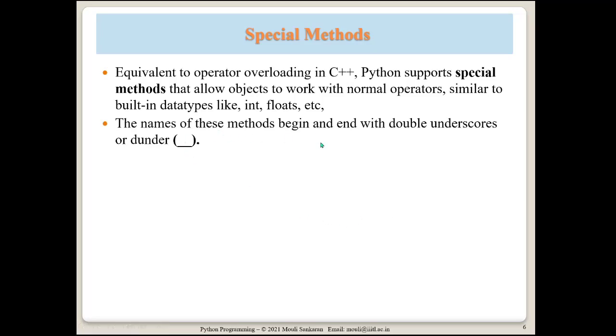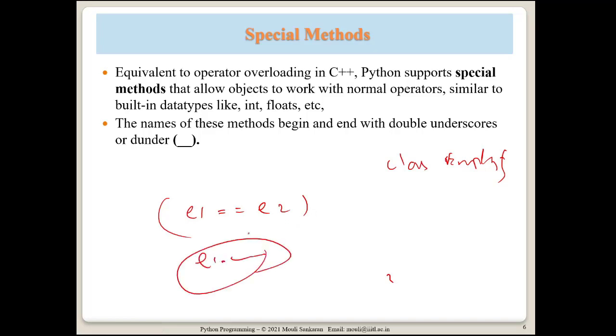Suppose I have an employee class, and I want to say employee object E1 is equal to E2. Here I am not specifically calling any method. I am not writing E1 dot some method name. It is implicit, based on the operator we are using.